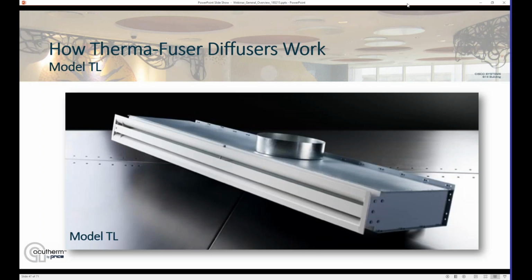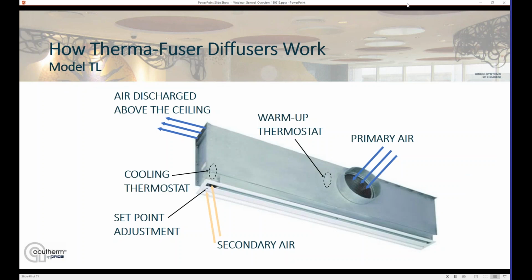Lastly here, a quick look at our linear slot diffuser. Again, same concept as the squares, although because of this sleeker architectural look, not as much room to operate in here. In this case, the air comes into that duct connection kind of in the center of the unit. Hidden inside that plenum boot is the first thermostat actuator sensing that supply air temperature, shifting the unit between the cooling and heating modes.